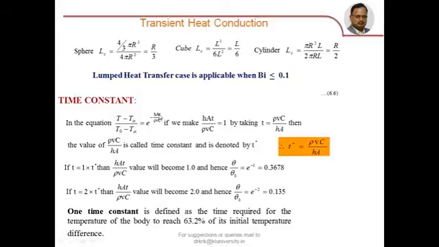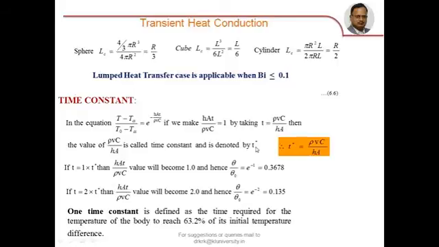That is possible only when I choose this t value equal to rho V C by hA. Now substitute in the place of t, rho V C by hA, everything cancels and you will get 1. So this t equal to rho V C by hA is called the time constant and is denoted by t star. So t star is rho V C by hA. The unit of rho V C by hA is seconds.